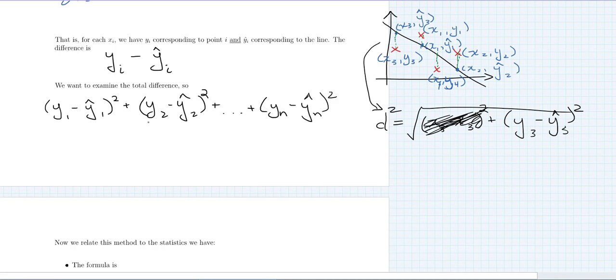And so this is our equation. Okay, and if we were to write this in summation notation, okay, remember we do use sums. We have our sum over i equals 1 to n, because there are n data points. And this would use this general term, or this general difference here, yi minus y hat i squared.